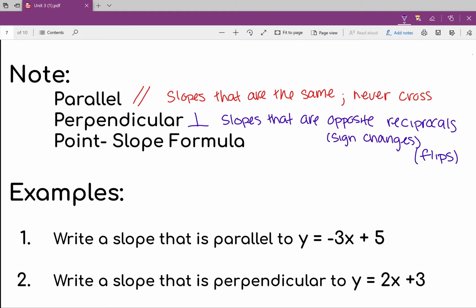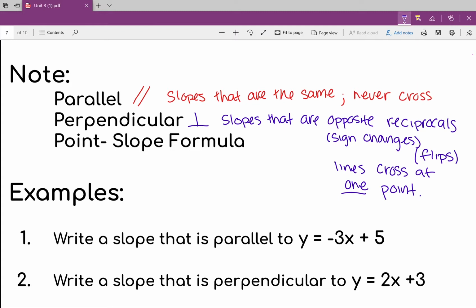Okay. Something important about perpendicular also is that they do cross at one point. So the lines will cross at one, very important, only one point. In order to solve parallel and perpendicular problems, we're going to use the point slope formula.